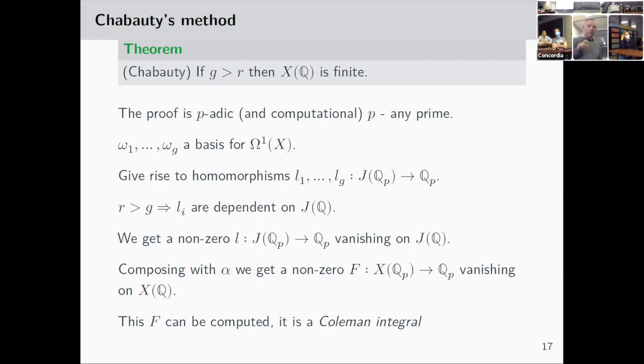Well, remember, you could think about the combination of all of these Li as the analog of the Abel-Jacobi map. And the Abel-Jacobi map in the classical case goes not into C to the g, but rather into C to the g mod the lattice, right?